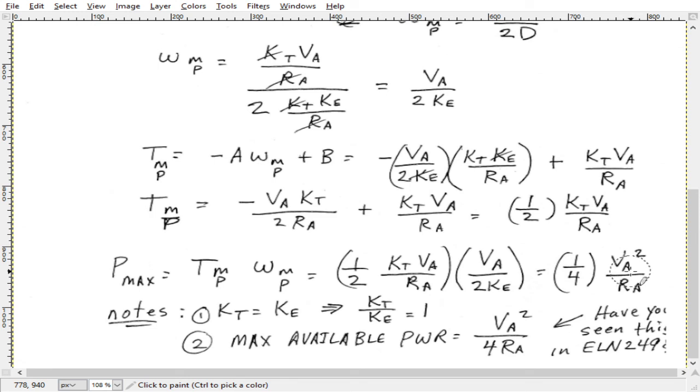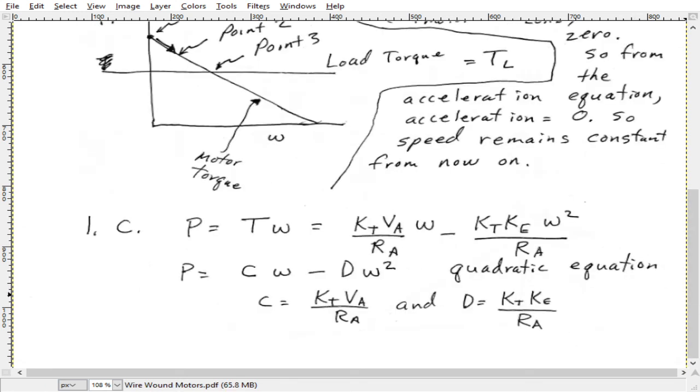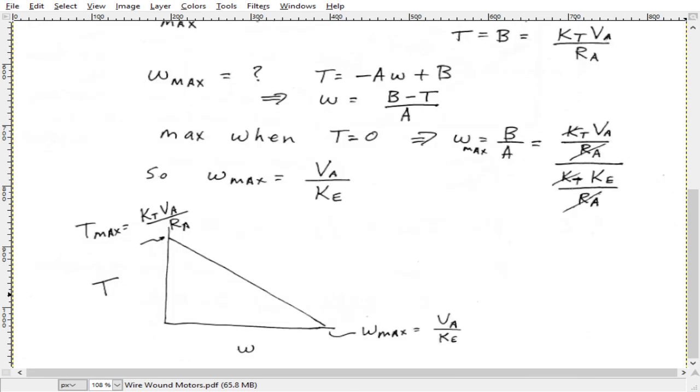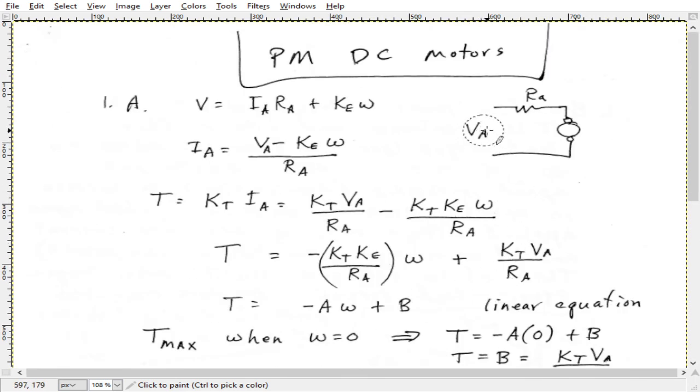If we go back to the original slide, right here, and we go up to the top, you've got this motor here, and we want to know the maximum power that we can extract or that is available from this motor.